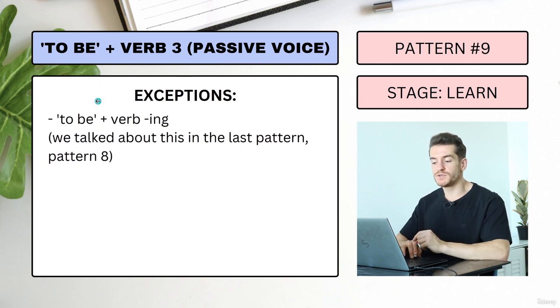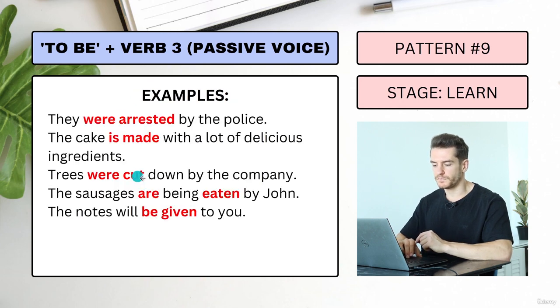Now, sometimes you might use to be plus verb ing in a passive voice sentence. And there was one example on the previous slide, so let's have a look. The sausages are being, so look what we've got. We've got to be plus verb ing, eaten by John.